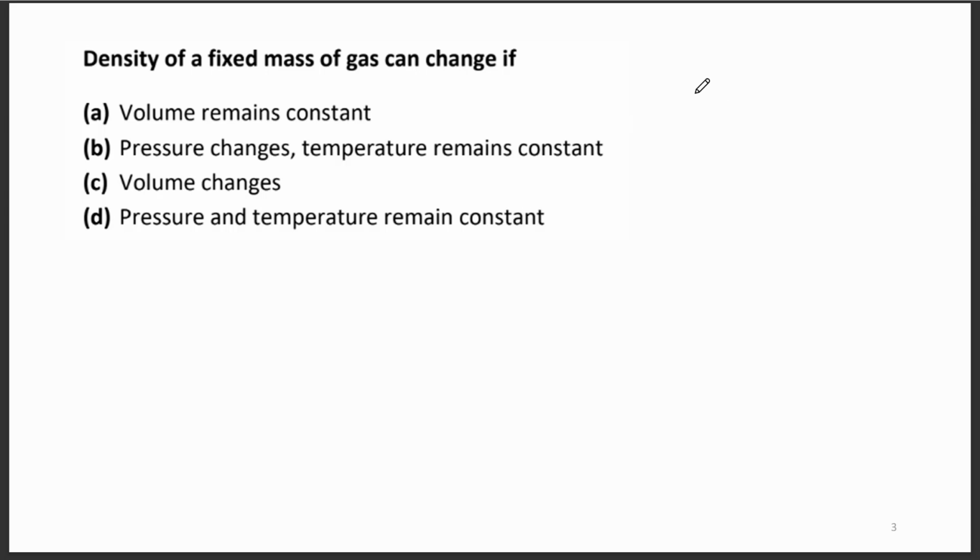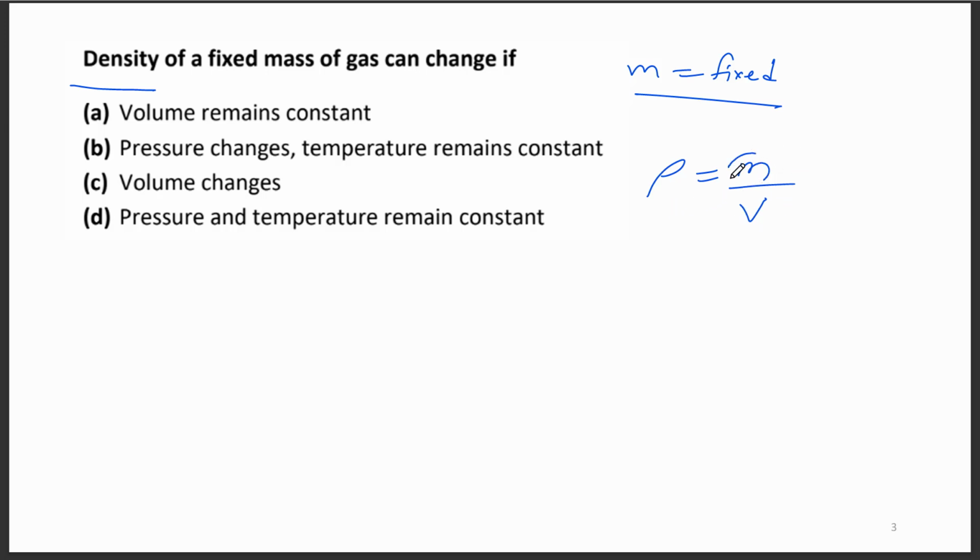Okay, we'll solve it. So what is our density? Density of fixed mass. So the mass is fixed. So density can change when? First we'll see how we can write density. Density can be written as rho equal to m upon V, where V is the volume.